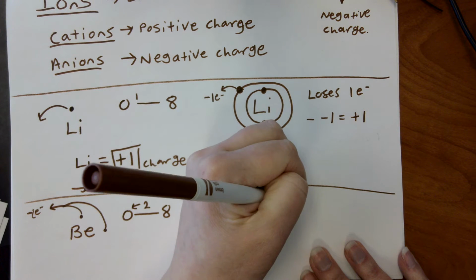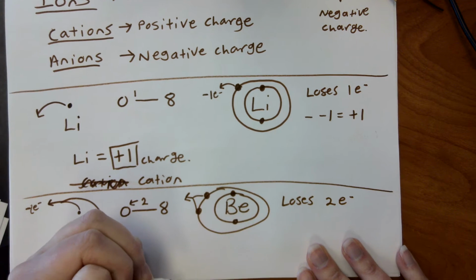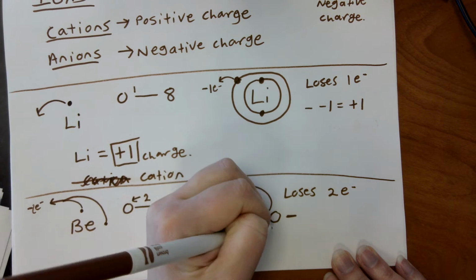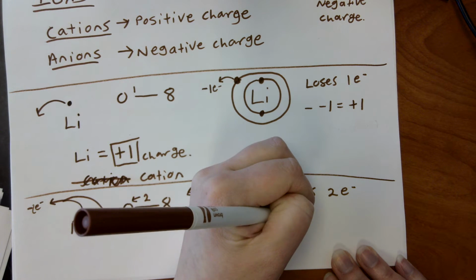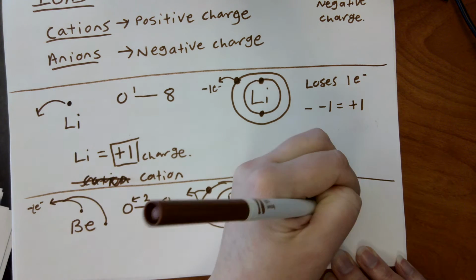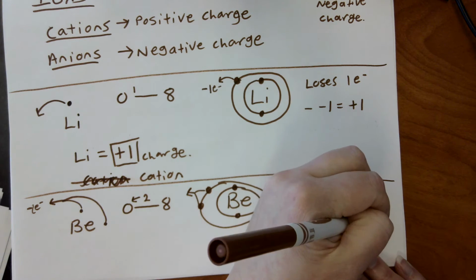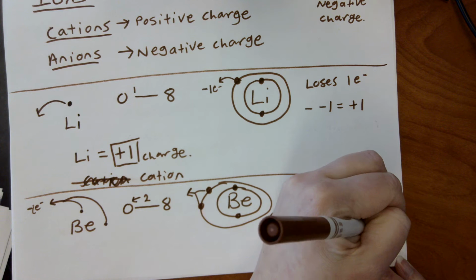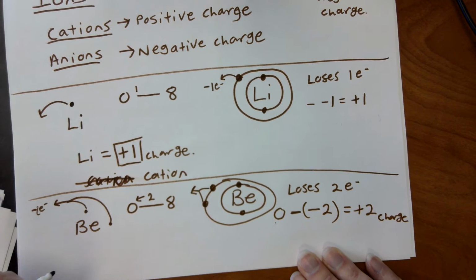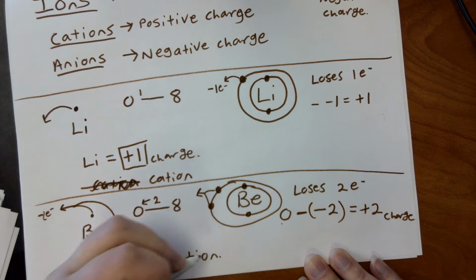Which means it loses 2 electrons. This is like saying we're minusing, so we're taking our normal 0 charge and minusing a -2 off of it. This obviously turns into a plus, so it would have a +2 charge when it becomes an ion. This means that beryllium is also a cation.